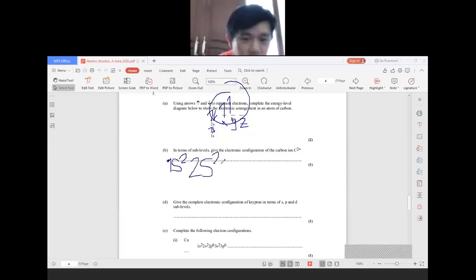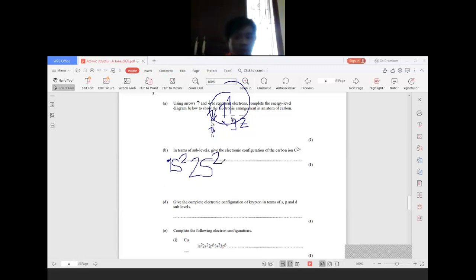So this is the subshell electronic configuration of C2+. And then D, give the complete electronic configuration of krypton in terms of s, p, and d sublevels.